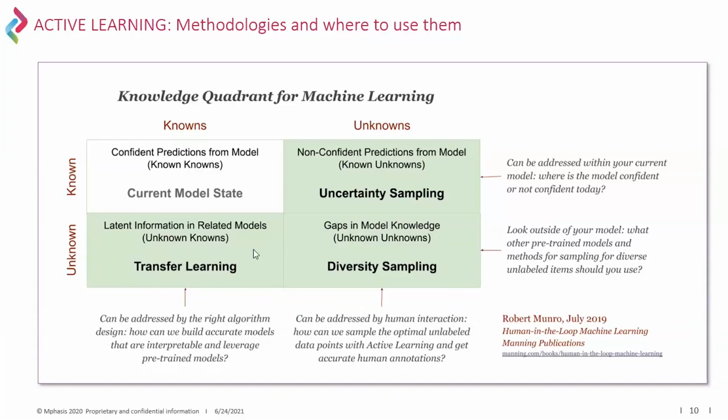And the third type of active learning method is known as transfer learning. There are a lot of pre-built and pre-trained models already available out there that embed a lot of knowledge. When you apply these models to your domain and transfer the learnings already incorporated into these models into your machine learning model, that is what is known as transfer learning.